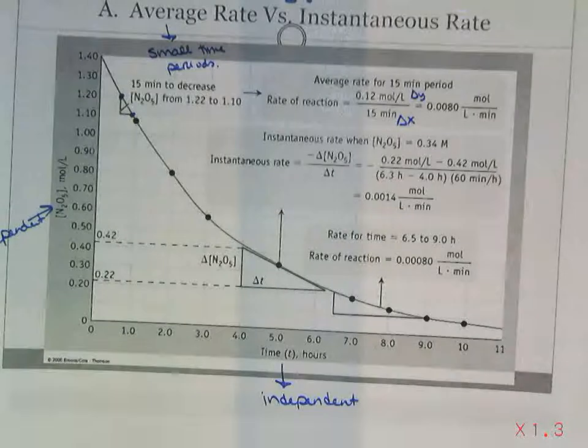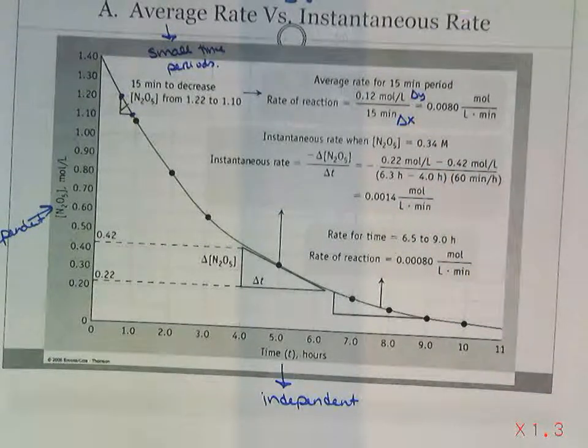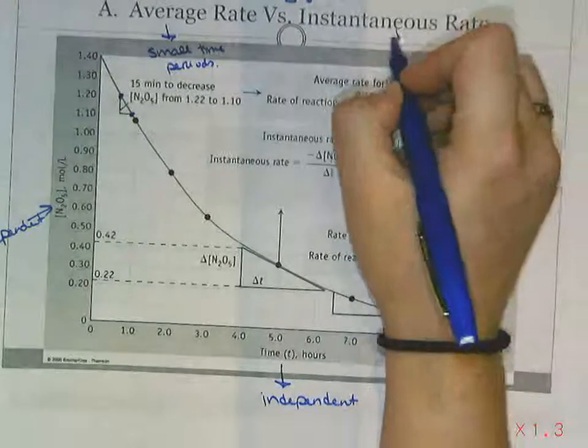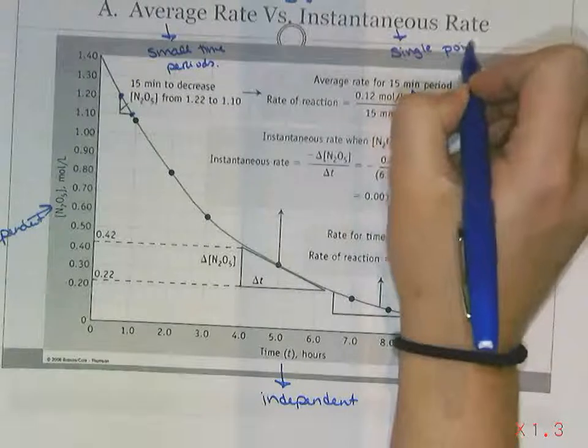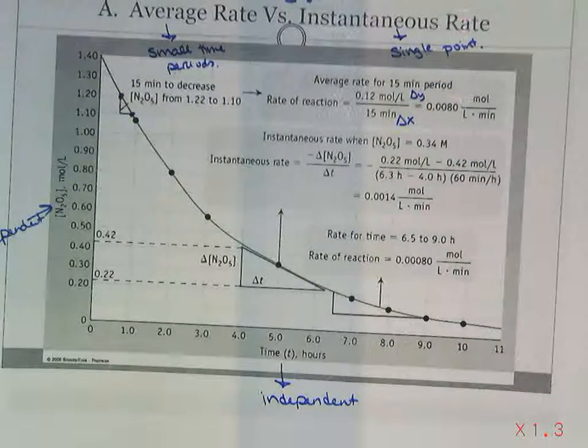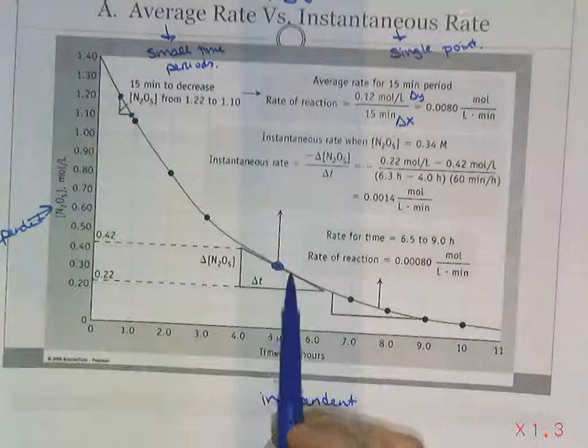If we look at the instantaneous rate, we are looking at a single point. Instantaneous looks at one and only one concentration. So in this case, they put 0.034 as their concentration.